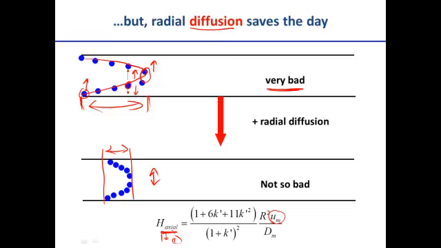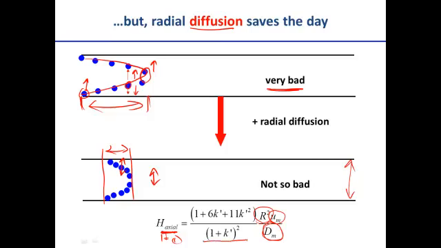In other words, it gets worse. Remember, we want small h. Also, as the diameter of the radius of the column itself becomes larger, h becomes larger, which is bad. And as diffusion of the analyte in the mobile phase becomes larger, h becomes smaller. In other words, the faster these molecules can move radially in the column, the less bad this particular problem is.